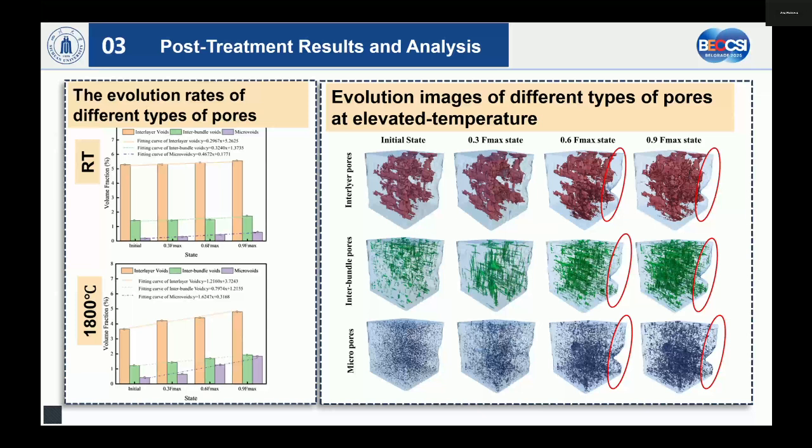Especially the growth rate of tiny pores is the highest. This also indicates that tiny pores are the type of pores most sensitive to high temperature.